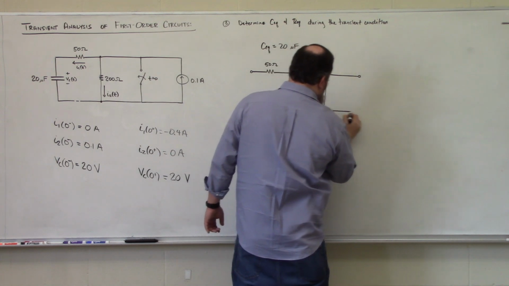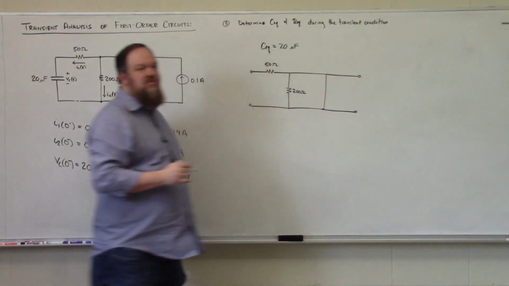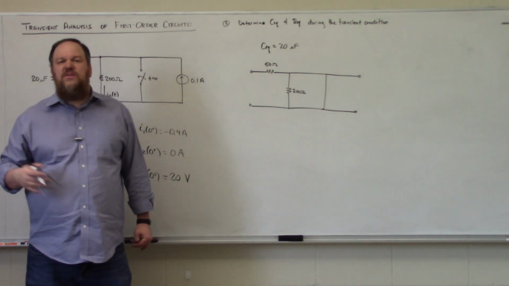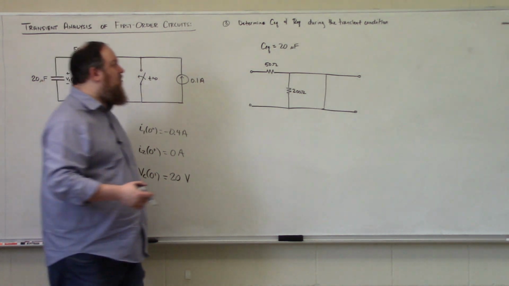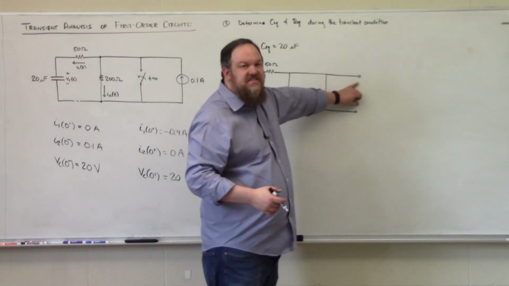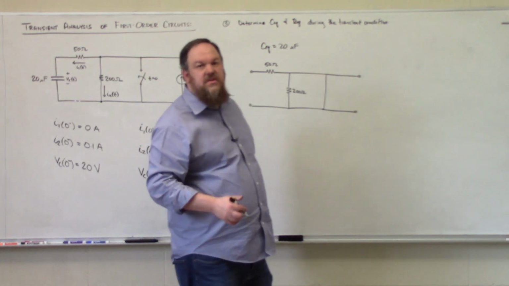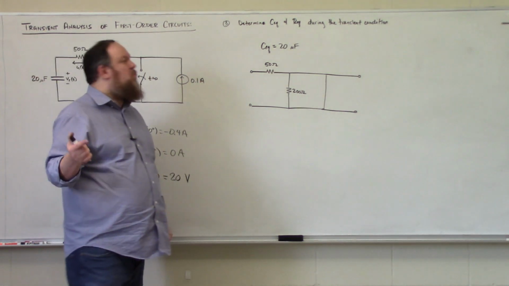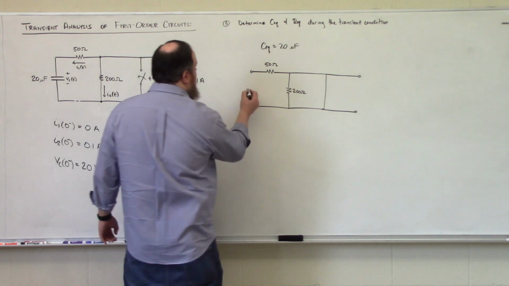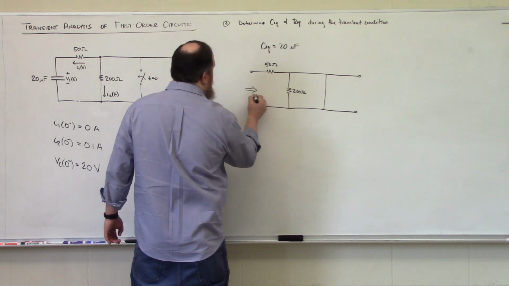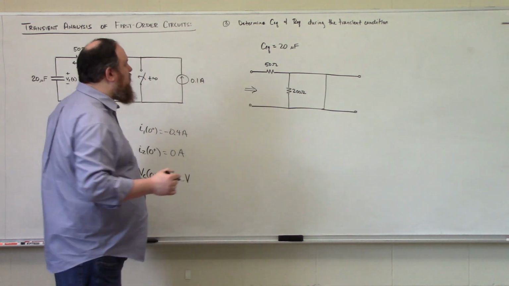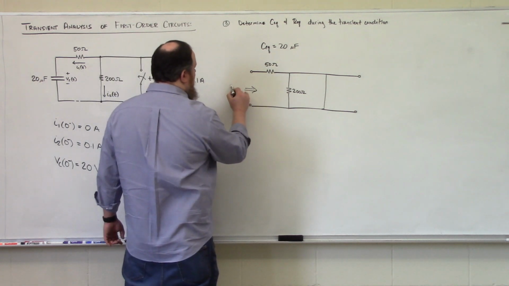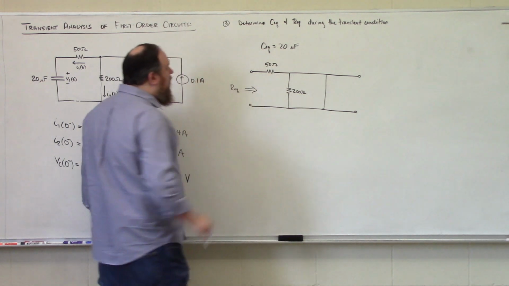By definition, the Thevenin equivalent resistance is found by looking into the terminals of a dead network. That's why I have disconnected my current source, because we turn a current source off by replacing it with an open circuit. So I'm looking in through this set of terminals where my capacitor was and trying to find REQ.